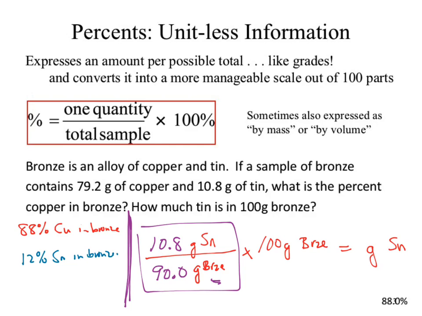Because it's bronze, it will never change. That is the sample. That's by definition what that means. What does 12% mean? It is 12 per 100. Okay. There are 12 grams in 100 grams of sample. How much sample do we have? 100 grams.